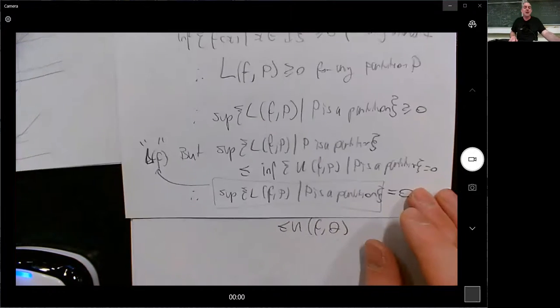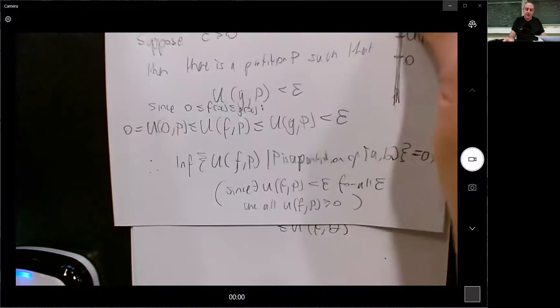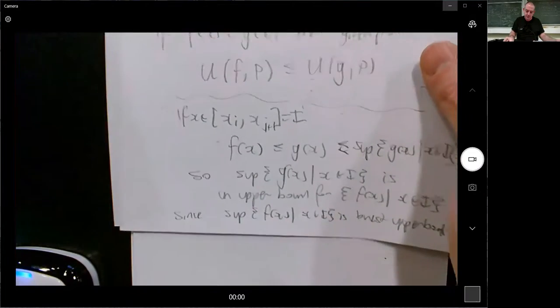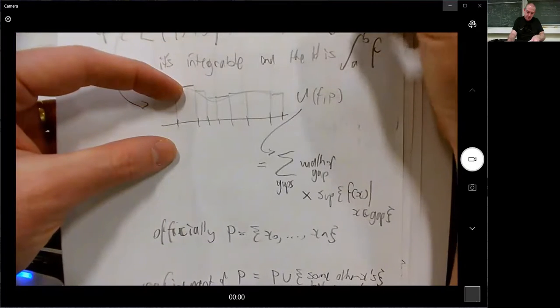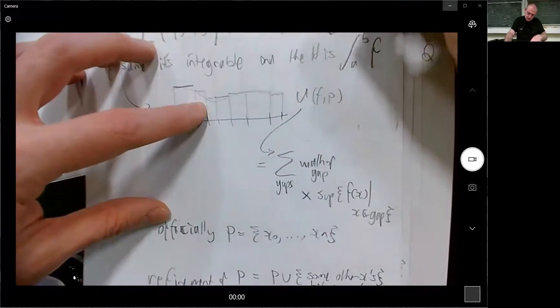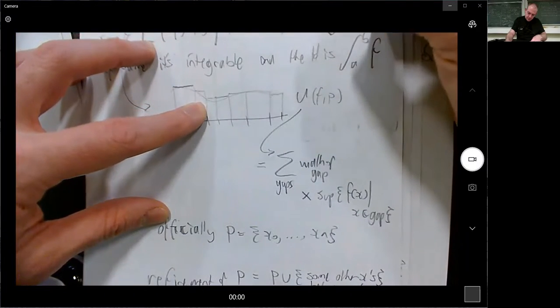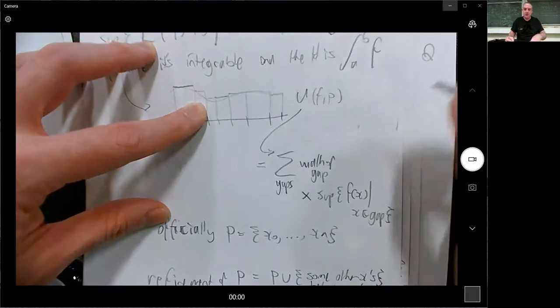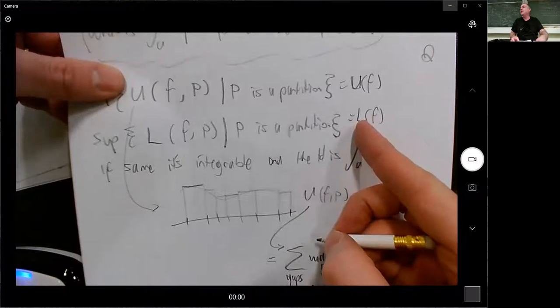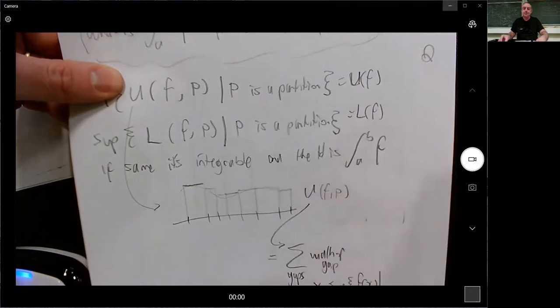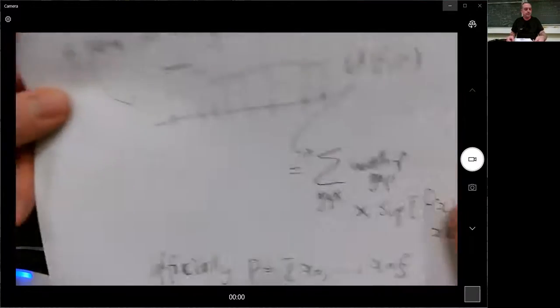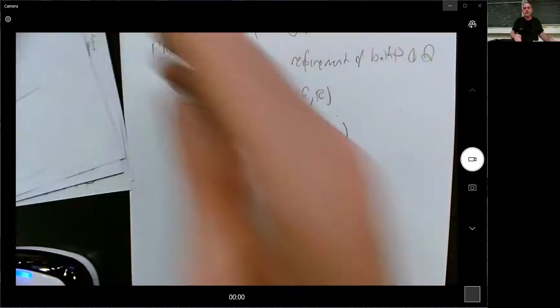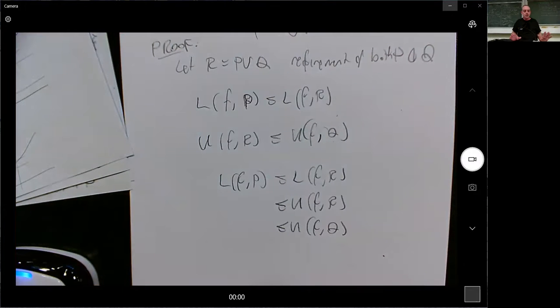And so being integrable is now saying that U(f) is equal to L(f). Yep. And they both exist. So. Right. Cool.